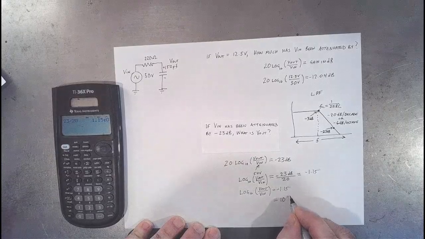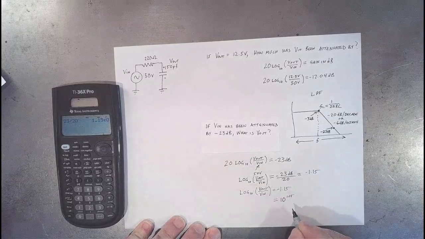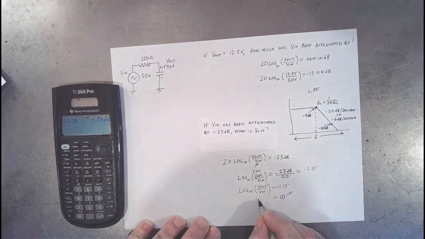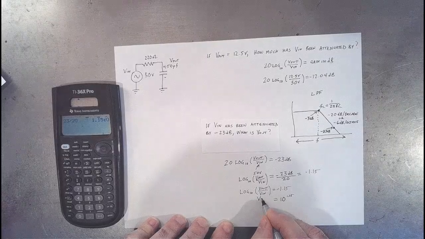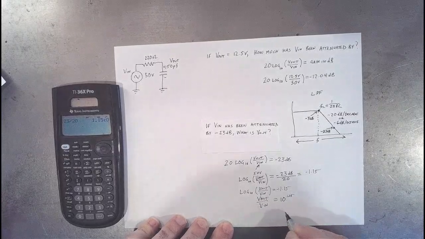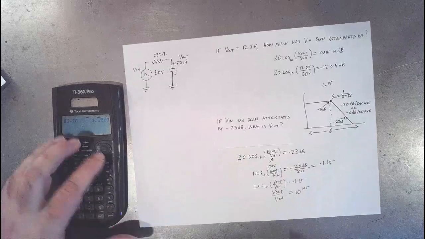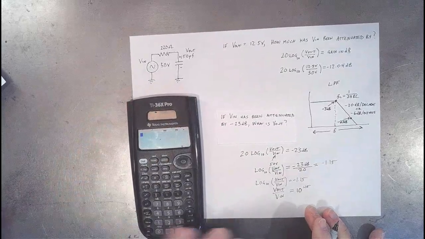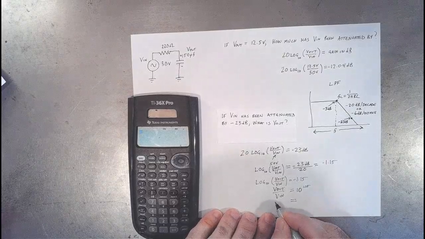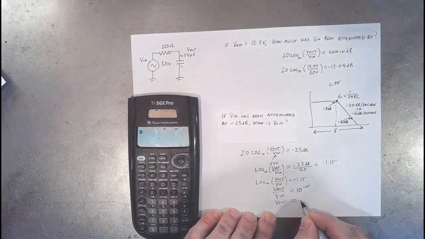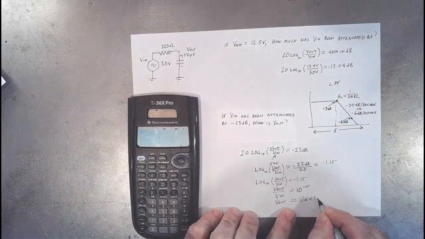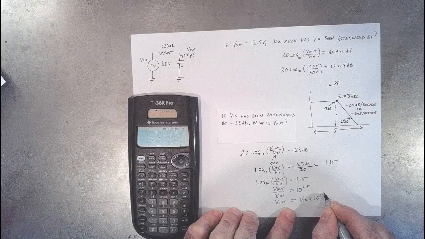I'm just going to put this up here right now. Okay. And then over here, we've got V out over V in. All right. So let's bring V in over here. So it's going to be V out is equal to V in times 10 to the power of 1.15.